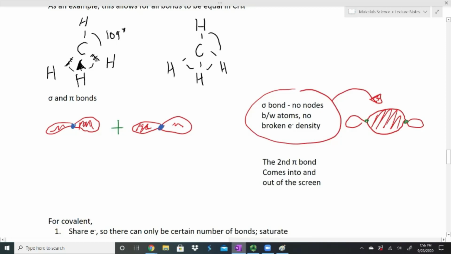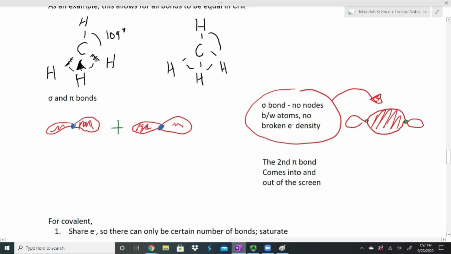There's no broken electron density. In other words, if I go from one atom to the other, I've got a straight shot between them, and I have this big electron cloud, this spot where my electron can be, directly between those two atoms.